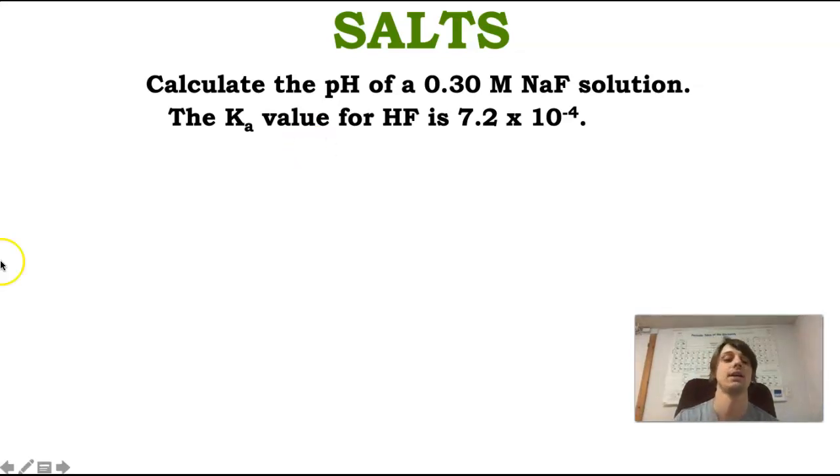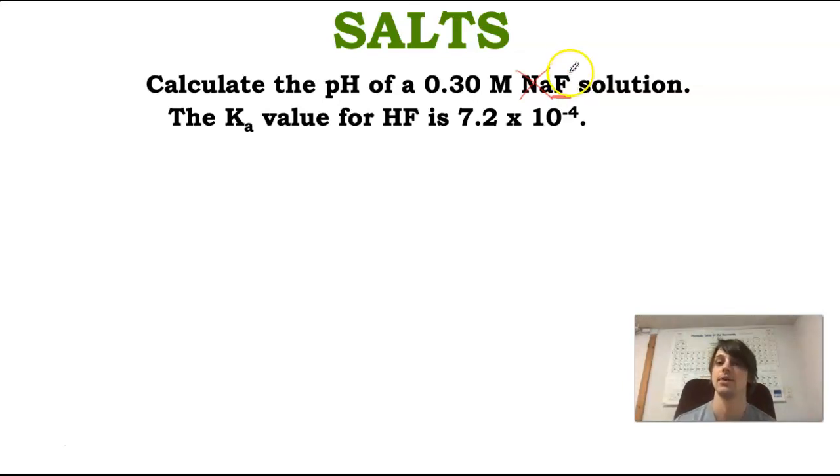So here I have a concentration of a salt. It's an ionic compound. Now, does the Na matter? No, it's part of a strong base. Does the F matter? Yes, it's part of a weak acid. So what would this solution be, acidic or basic? Basic.